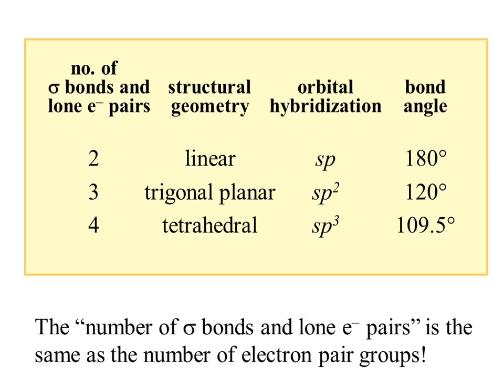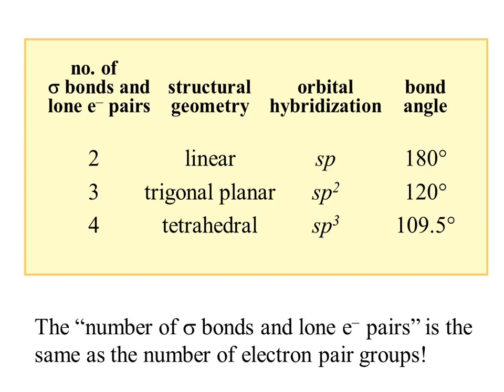So assuming these are sigma bonds, with an atom at the end of each one, a pair of sigma bonds would give an angle of 180. If this is connected to 3 other atoms, this bond angle is 120. And this bond angle here is 109.5, tetrahedral.